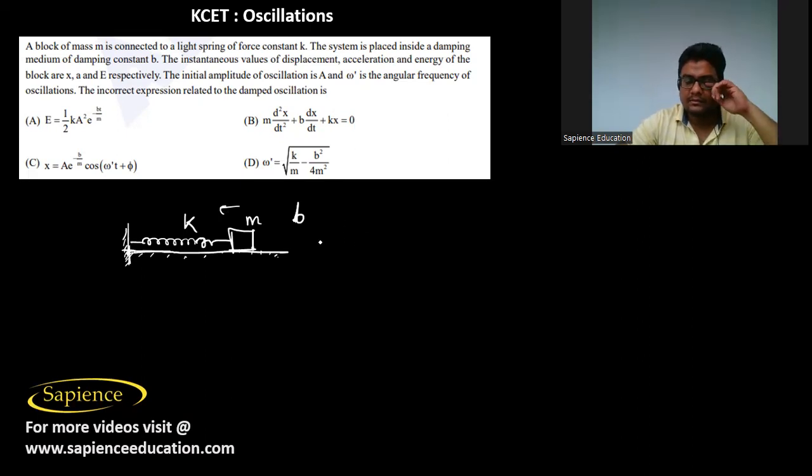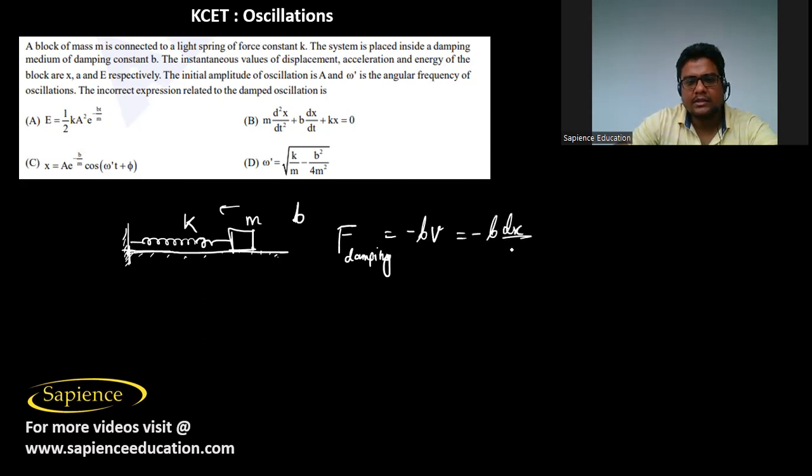So there is a damping force. We know that the damping force is proportional to the velocity. It means the damping force is equal to minus b v, which is minus b dx by dt. And the spring force is also acting. So the net force acting on the block is the spring force plus the damping force.